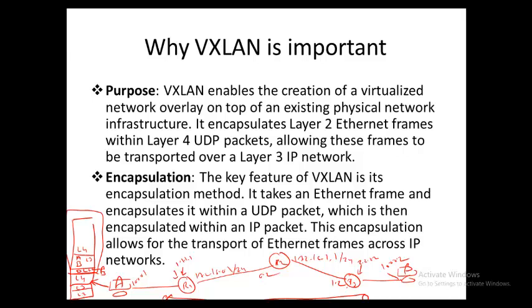Now, what do you have in layer 4? You have this UDP port number that is given for VXLAN, so that every router in the middle will understand this is a VXLAN packet. Does anyone know the UDP port number of VXLAN?